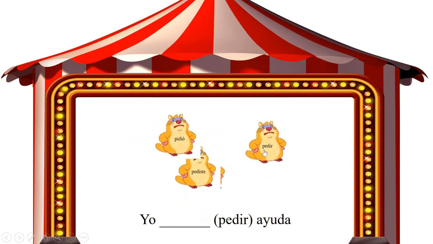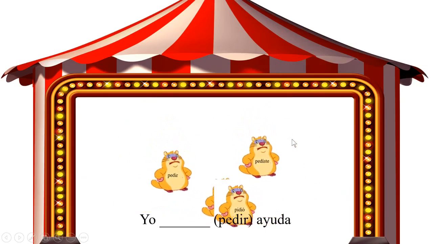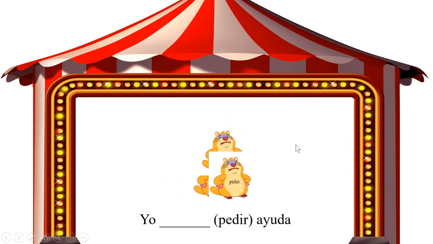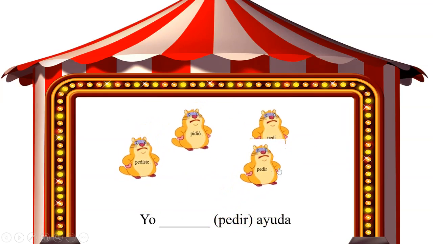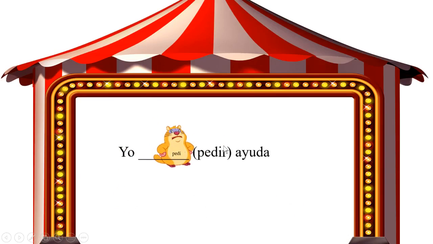Let's suppose that they click on pedir. You cannot listen to it, unfortunately, but it will have a buzzer on it. So let's suppose you click pedí. When you click on the right one, you can see that it moves and the sentence comes to the top and the right answer here in the middle.